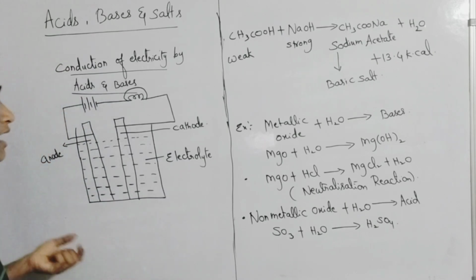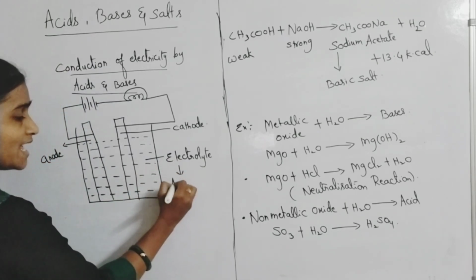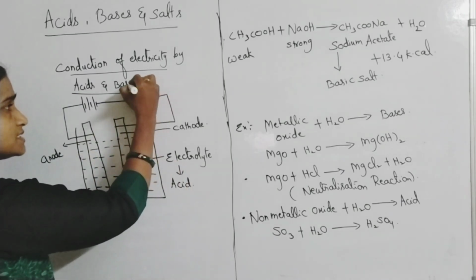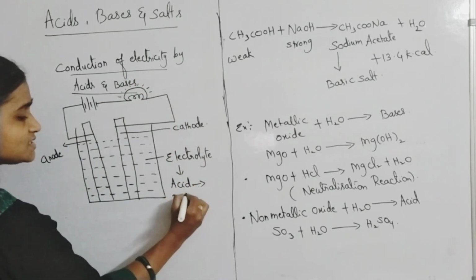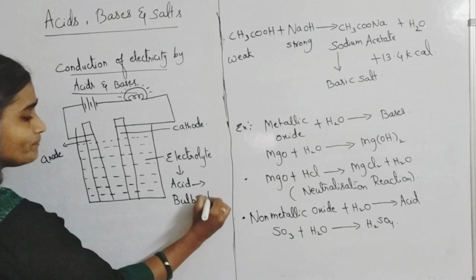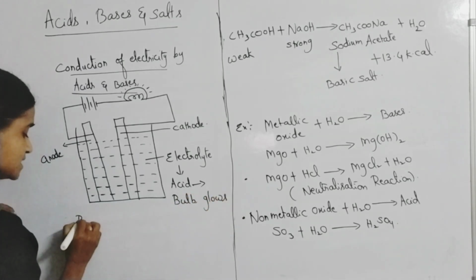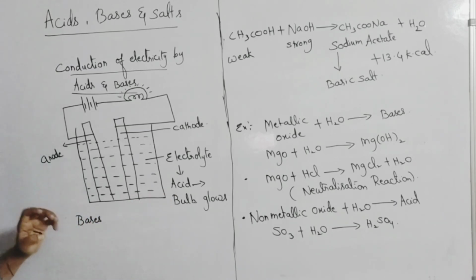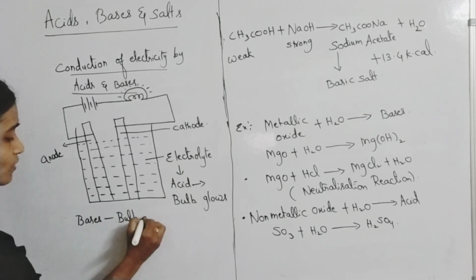Here, if the electrolytic substance you take is an acid, check whether the bulb is glowing or not. Yes, the bulb glows. With acids the bulb glows very strongly. Even with bases the bulb glows, so acids and bases are good electrolytes.